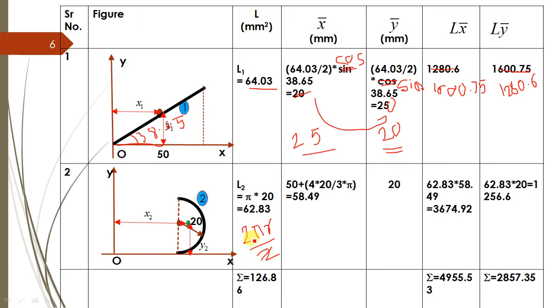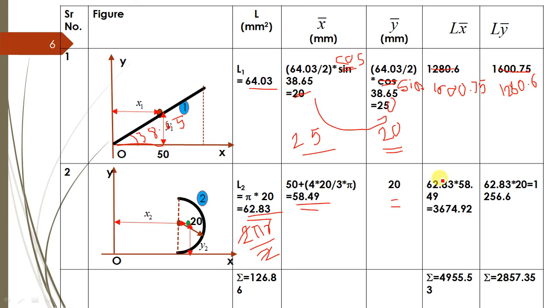Because it is a semicircle. So the 2 gets cancelled, and it is pi r. R is 20, so it is 62.83. And we have to find x2. This distance is given, total 50, and the centroid is 4r upon 3 pi. So that is 58.49, and y bar itself is 20.